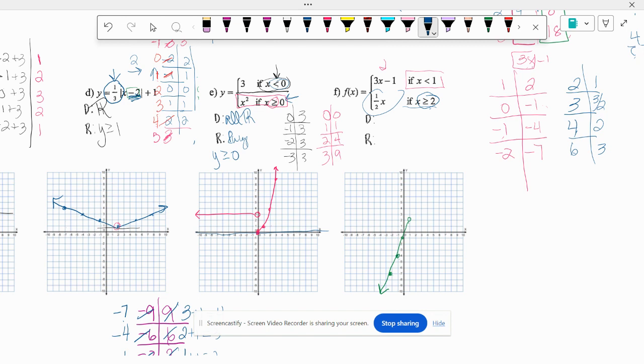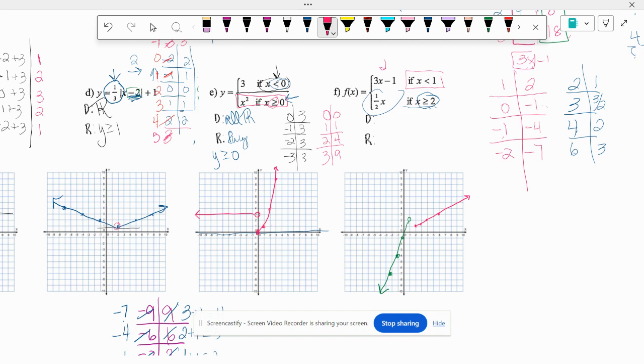The 2 is included in this. So when x is 2, y is 1. When x is 3, y is 1.5. When x is 4, y is 2. And when x is 6, y is 3. So this is going to be a line that has a slope of 1/2.